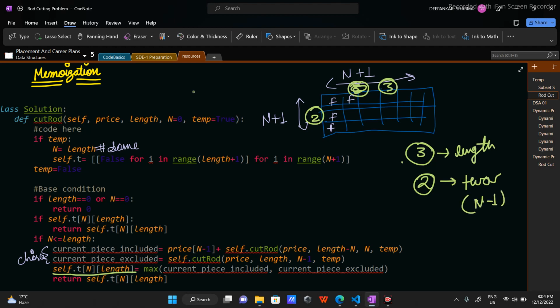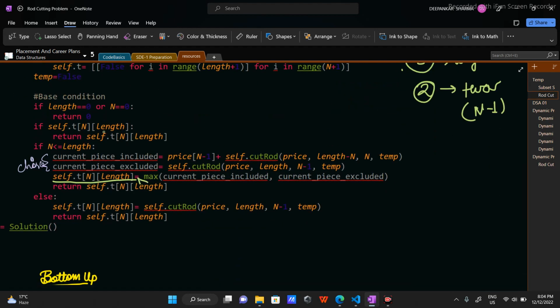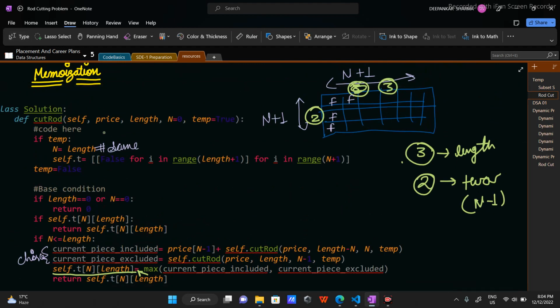This matrix will store the profit, and I did the same thing, but I put it here and again here. And if this portion is nothing, it is similar to the previous one, but it is saying that if I am not initialized with false, it means I have been initialized in some call, so I'll just take the value from here so that I do not have to revisit that whole recursive tree down to the bottom.